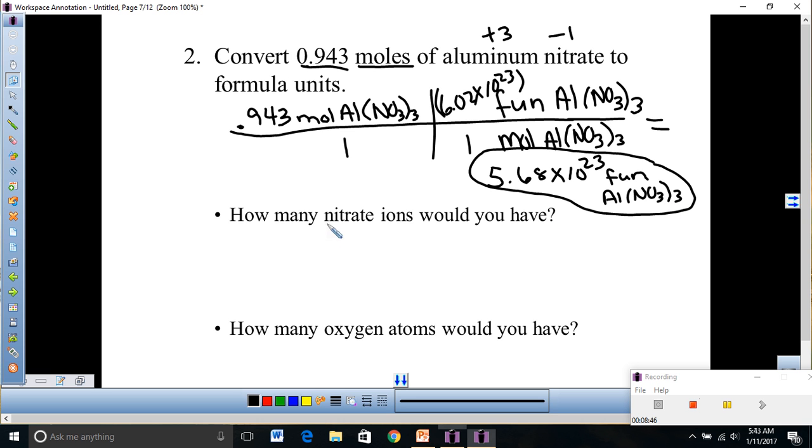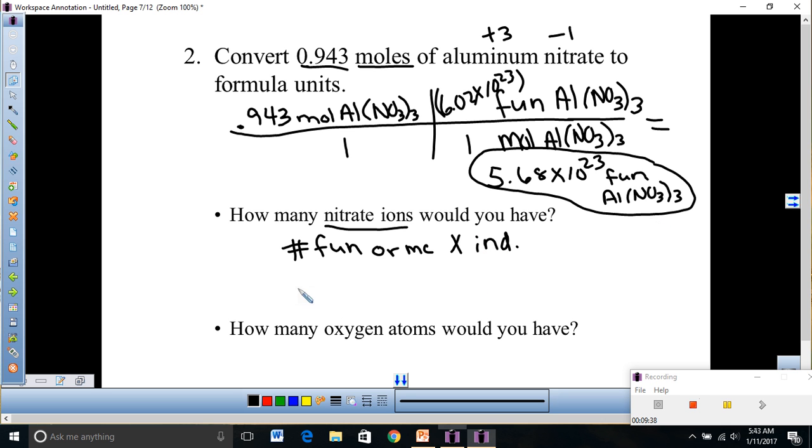The question says, how many nitrate ions do we have? So for every formula that I have, I've got 3 nitrates. So to answer this question, I need to take my number of formulas or molecules, depending on if it's ionic or covalent. In this instance, it's formula, and multiply by the individual pieces.